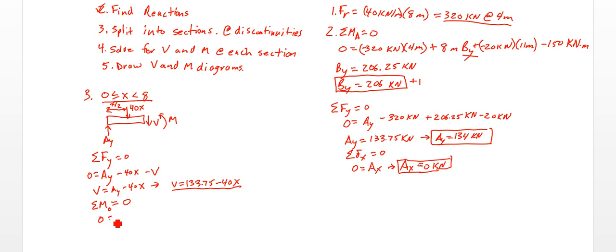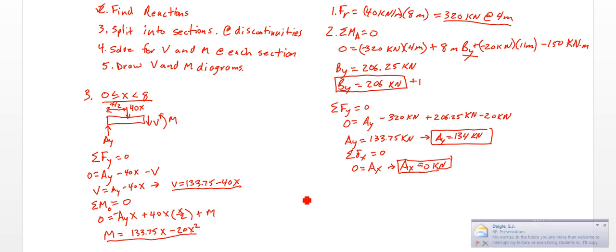So I have 0 equals AY times x, that's going to be a negative sign, plus 40x, and this direction here is going to be x over 2 as well, plus M. So M equals 133.75x minus 20x squared. So that's my M from 0 to 8. So that's the first half of that.